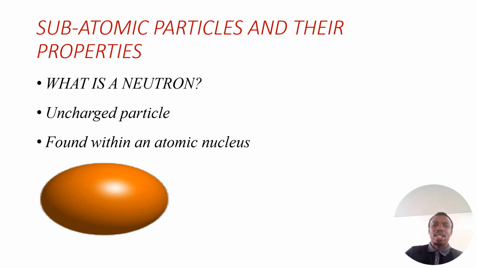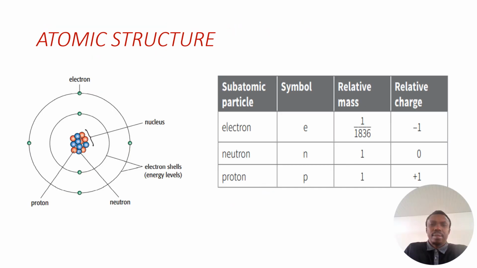So we'll talk about the atomic mass. It has to do with the proton and the neutron. But the neutron is uncharged. So that is it. So looking at the atomic structure, you look at the nucleus, which consists of the protons and the neutron, where the mass of an atom is concentrated.